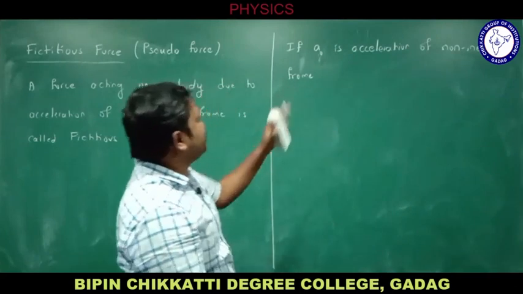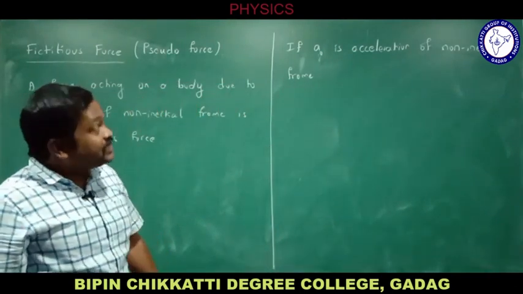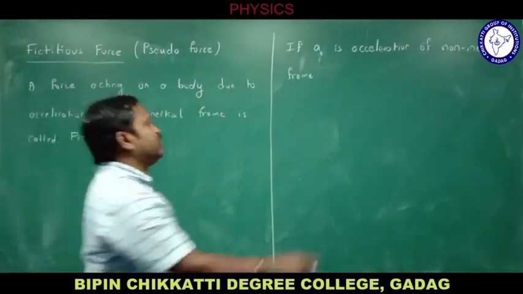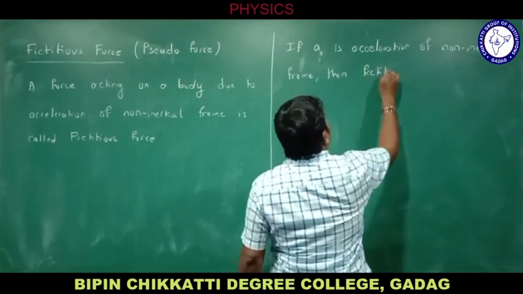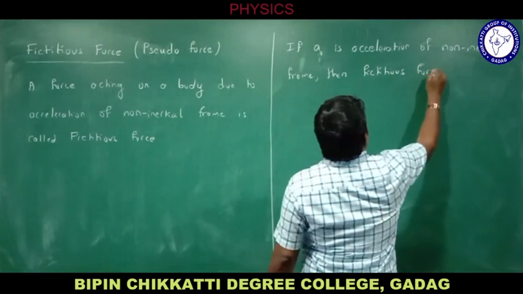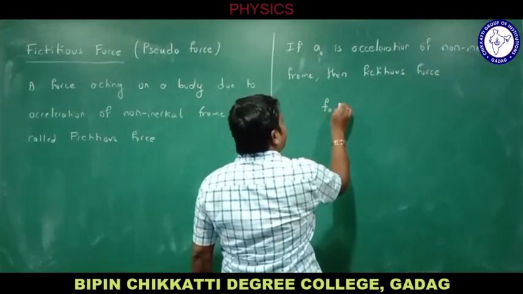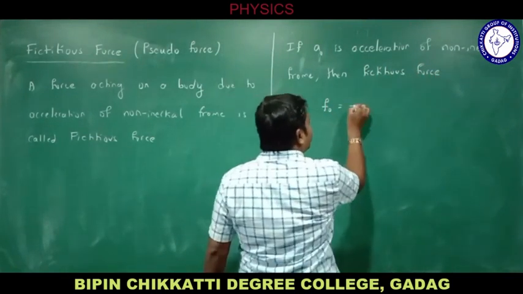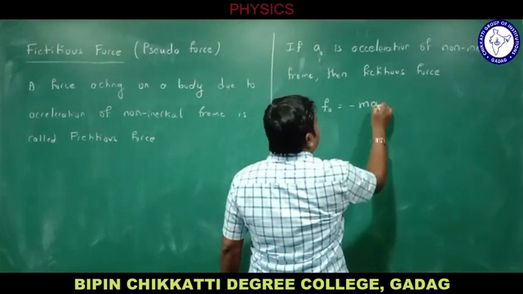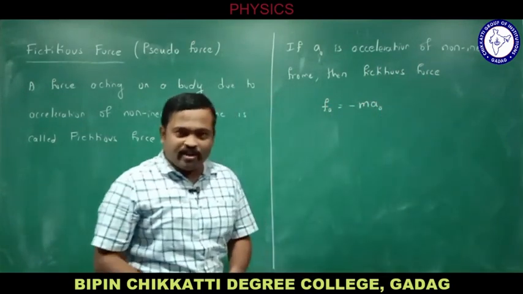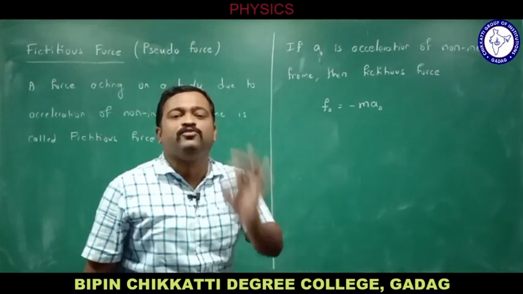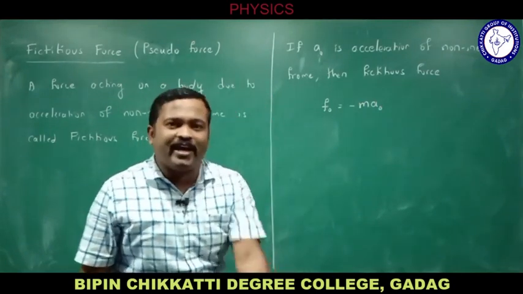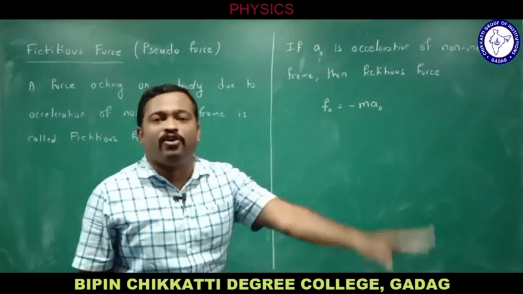That is why we say if A0 is the acceleration of a non-inertial frame, let me call the fictitious force F0. The fictitious force will be minus A0, opposite to the acceleration of the bus. Fictitious force will be opposite to the direction of acceleration of the non-inertial frame.